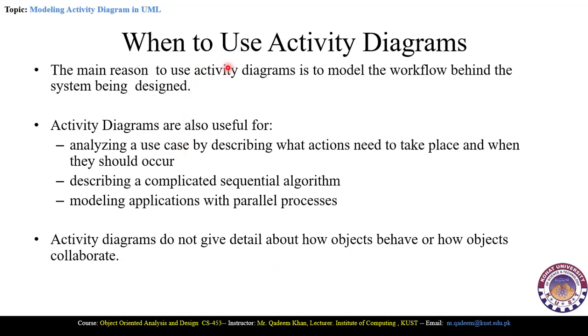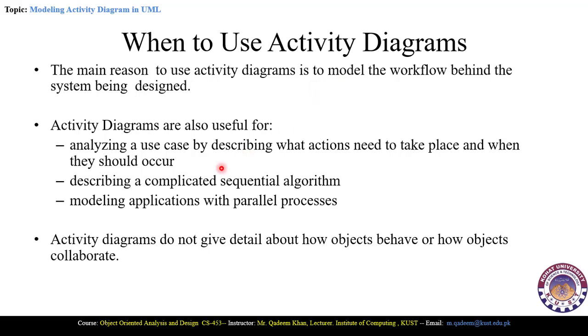There are certain cases where we can use activity diagrams. Activity diagrams can be used when we want to model the workflow behind the system which is to be developed. So when we want to develop a certain system, we need to model the software system. So when we require the model of the system, then we will use the activity diagram.